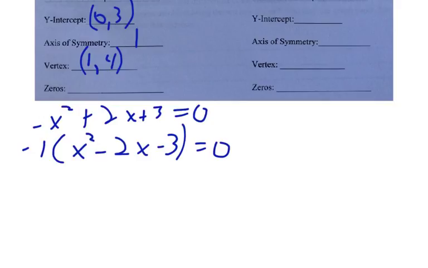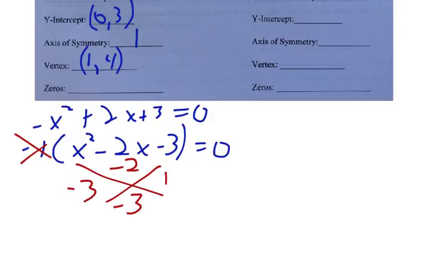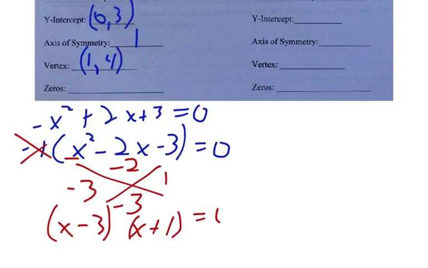And then I'm just going to ignore that negative 1 since it doesn't have an x. It's not going to help me out with the solution. So let's get negative 3, negative 2. Are there any factors of negative 3 that add up to negative 2? Yeah, negative 3 and 1 works. They multiply to give me negative 3. They add to give me negative 2. Lead coefficient's 1, so I just write x minus 3 and x plus 1. And those set equal to 0 just changes the sign. So it'd be 3 and negative 1.